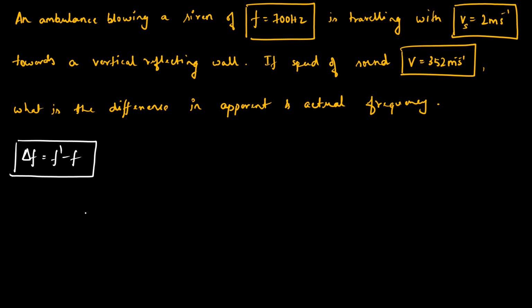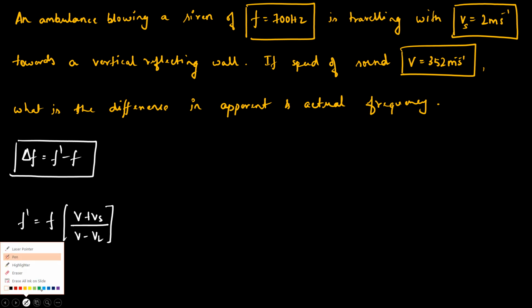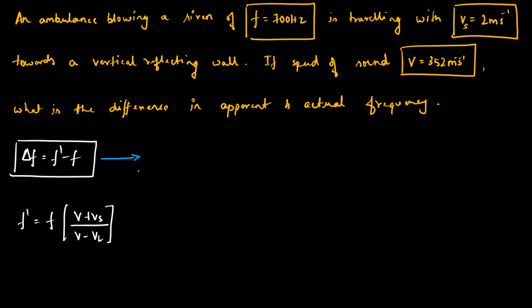Now, do I know the formula? Yes, I know that F dash is given by F multiplied by (V plus Vs) divided by (V minus VL). This is the formula, right? So this is the value of F dash. So what is going to be F dash minus F?